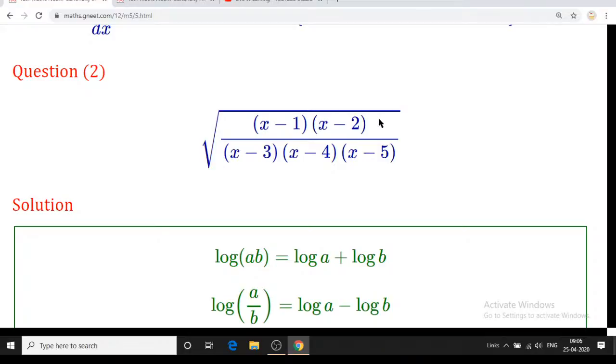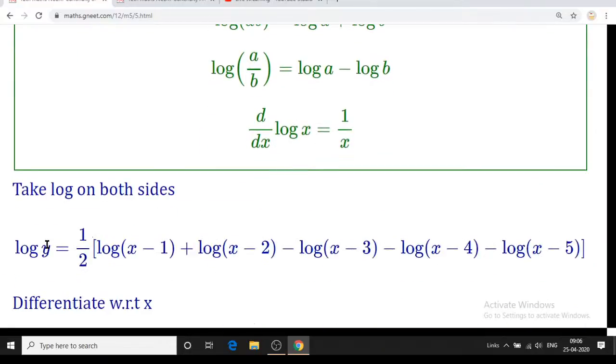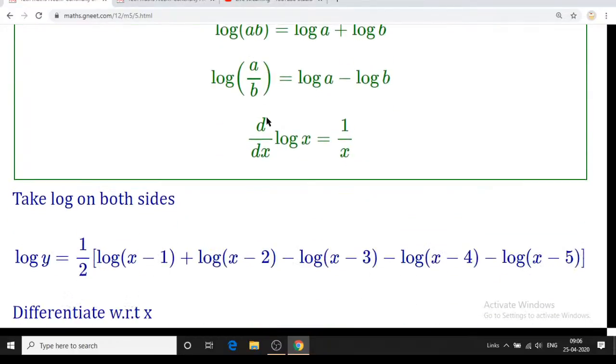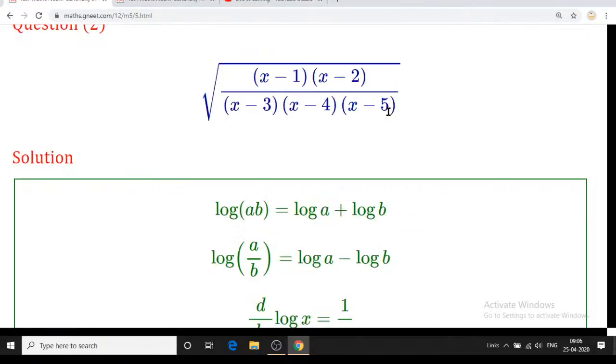So when we take a log, log y is half log of, using the property of log, here it is a multiplication, so it becomes a plus. So log of x minus 1 plus log of x minus 2 minus, because this is a division, these will be subtraction.